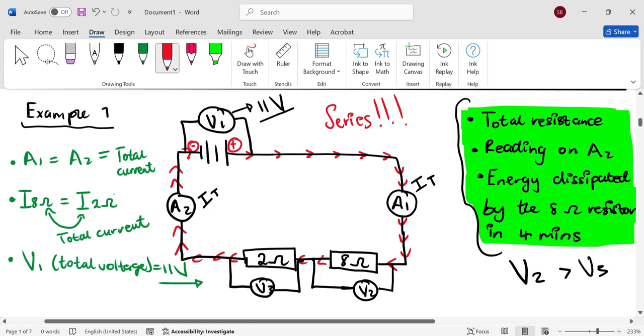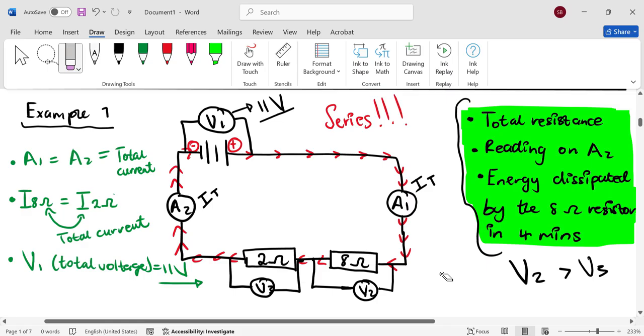That means the higher the reading on a resistor, the higher the voltage across it. So V2 has a higher reading than V3, because the resistance for V2, the 8 ohm resistor, is greater than the 2 ohm resistor. So the greater the resistance, the greater the voltage across it.